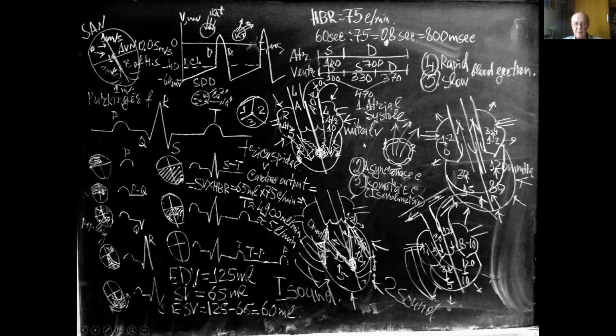This is a more complicated picture of the heart in comparison with those other pictures. It includes the main vessels and the chambers. This is the right atrium, the left atrium, the right ventricle and the left ventricle. This is the entrance of the vena cava, and this is the entrance of the lung veins into the left atrium.